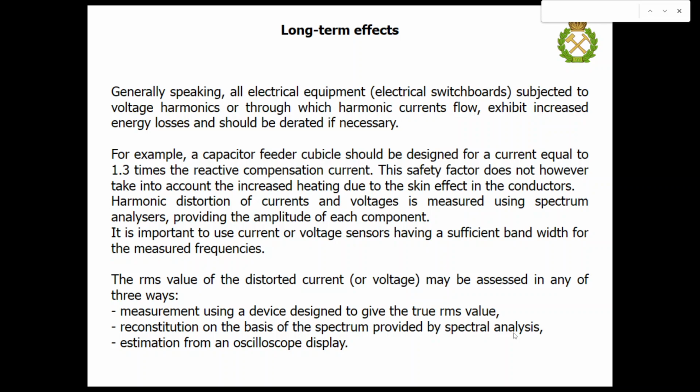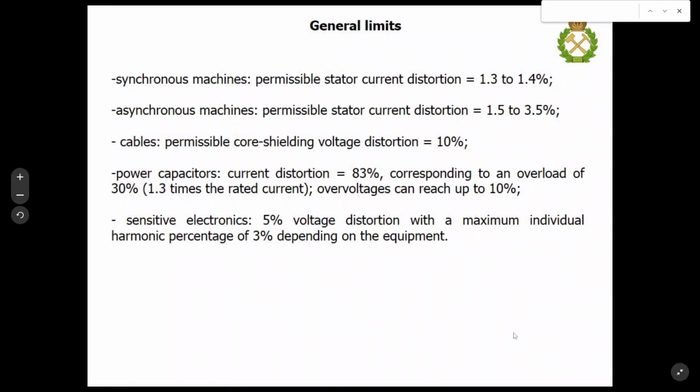Reconstitution on the basis of the spectrum provided by spectral analysis, some harmonic components, and estimation of such spectrum from an oscilloscope display. And some general limits for distortions for different types of electrical equipment.